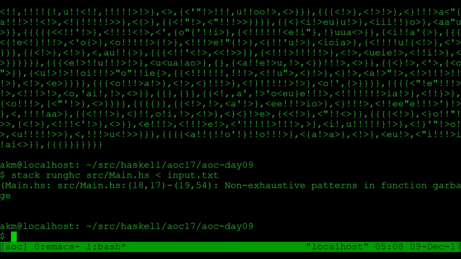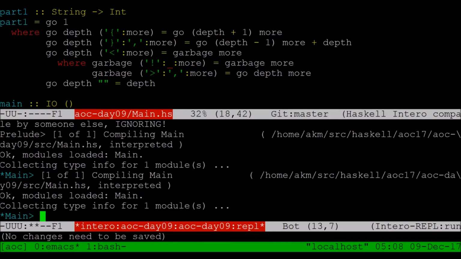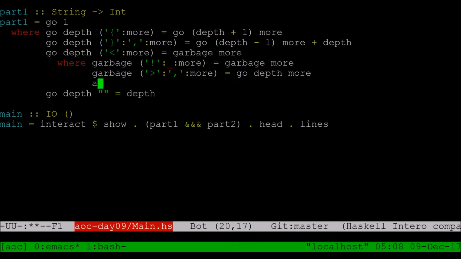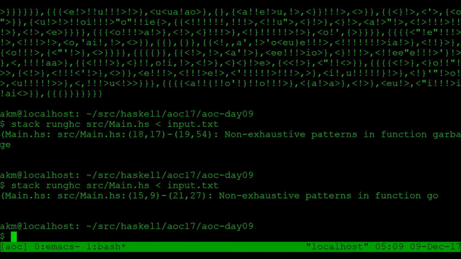Non-exhaustive pattern, line 18. Oh, of course. Non-exhaustive pattern, line 15.